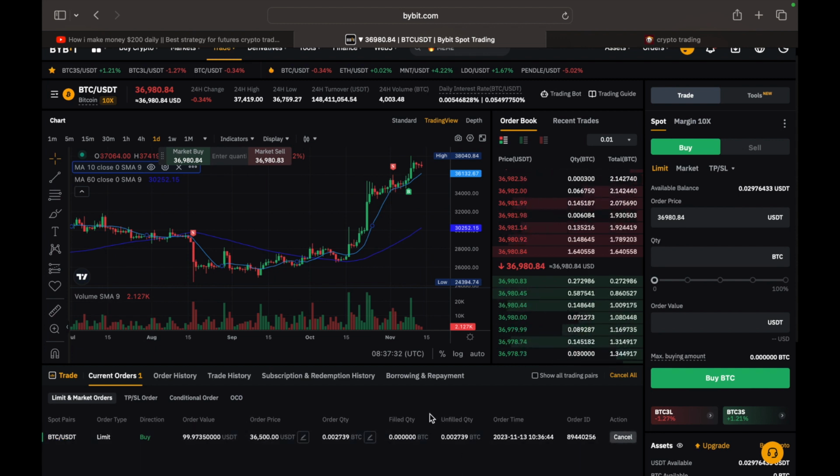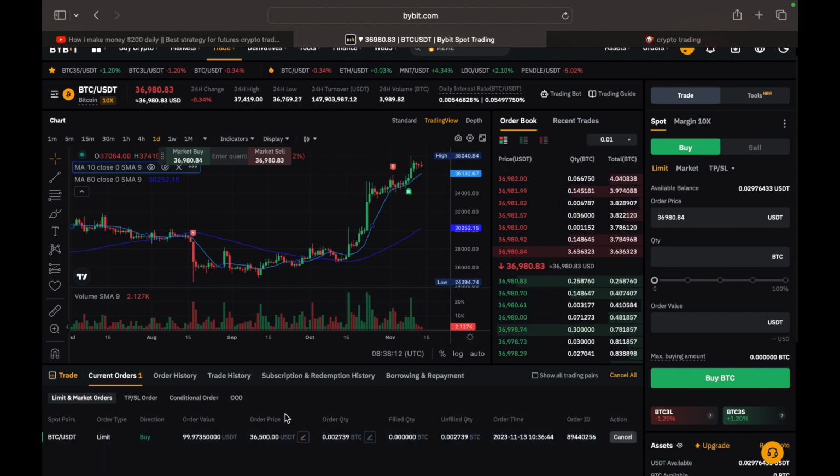That's why filled quantity is 0 right here, and I've got unfilled quantity which has to be filled, which is approximately 0.0027. If the price of Bitcoin hits this price, my order will be filled, and then I'm going to have this amount of Bitcoin. And right here you can see the time and date, and this is the order ID. Okay, so this is the type of order, which is limit.